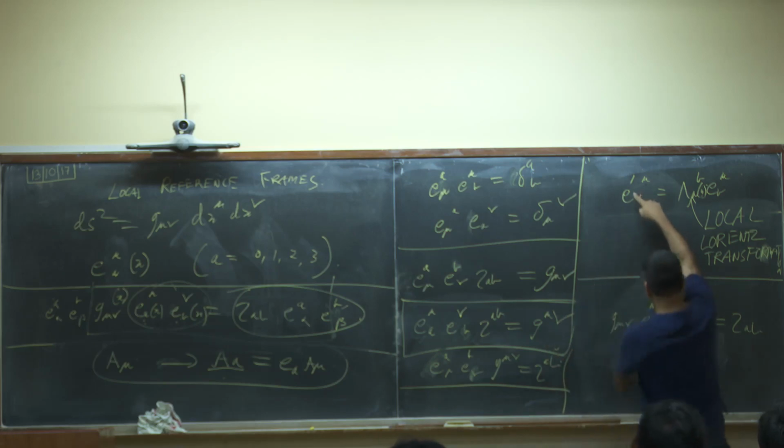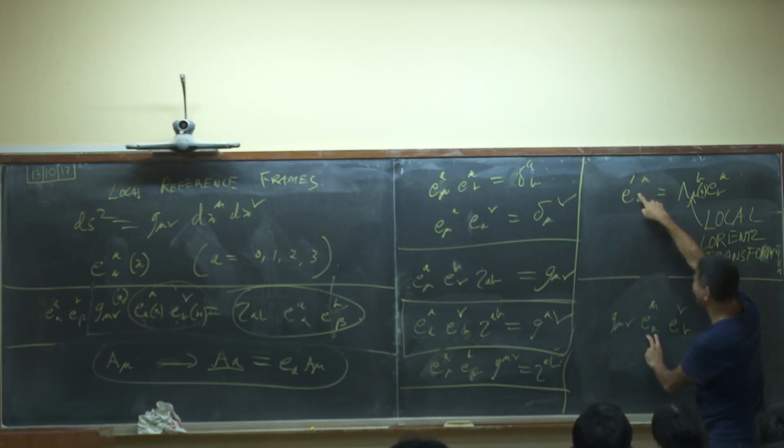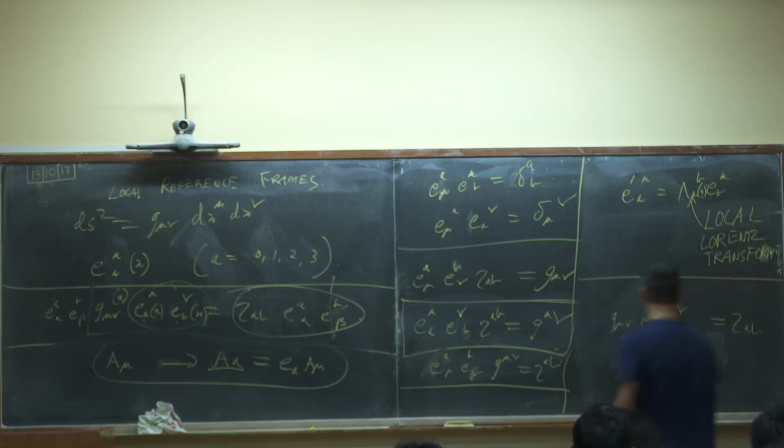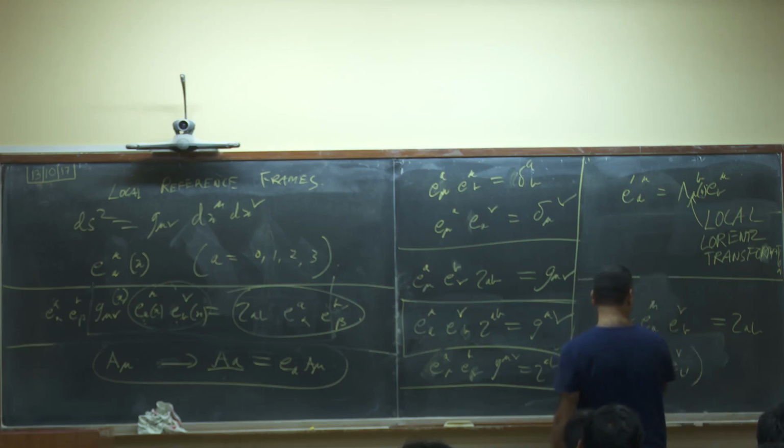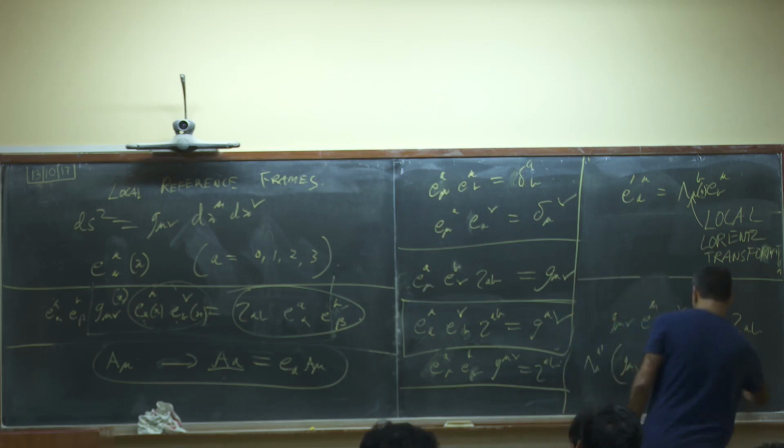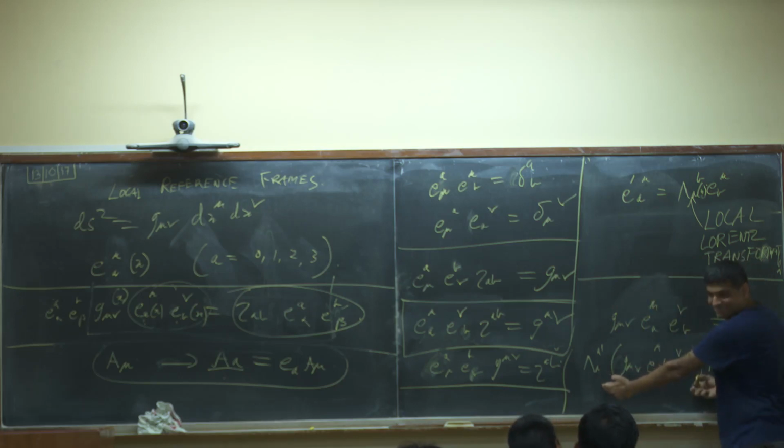Or even simpler, I'll put this in terms of that. I know this and I'll substitute that. So I get g mu nu E mu A E nu A prime E nu B prime, and then lambda A prime lambda B prime. That's the thing I want.